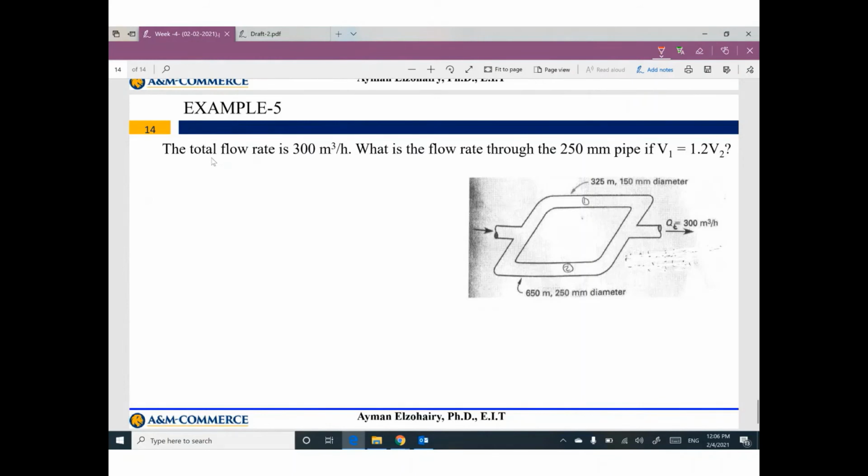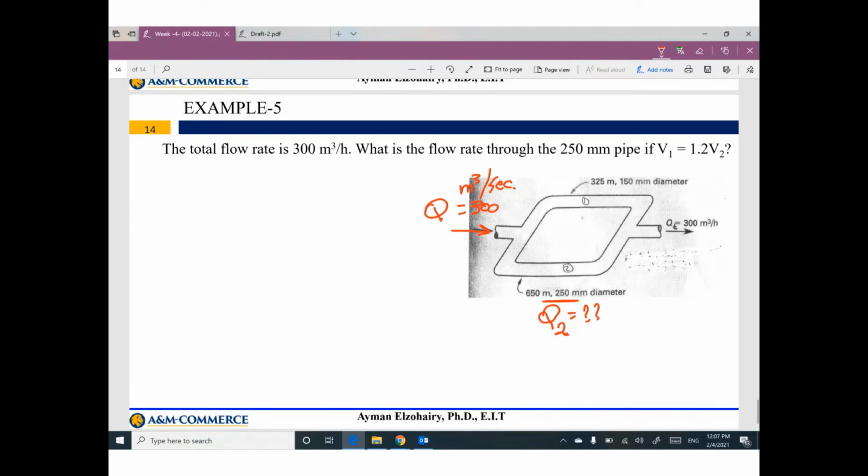The total flow rate, total meaning at the main entrance, Q here equals 300 cubic meter per second. What is the flow rate through the 250 millimeter pipe? This one. What is the discharge here? Branch number 2.